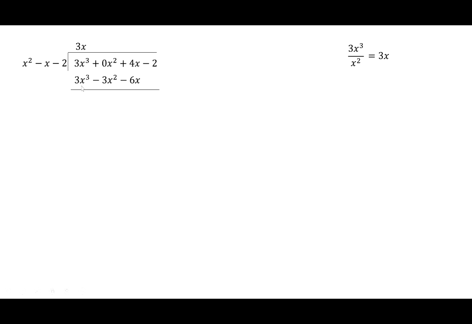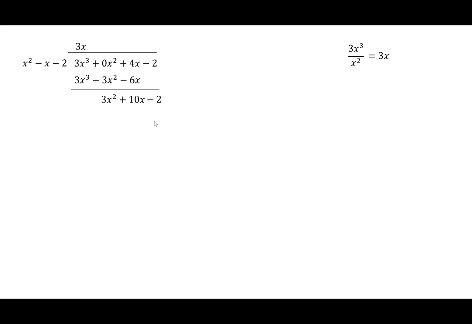So 3x cubed minus 3x cubed goes to 0. 0x squared minus negative 3x squared becomes positive 3x squared. 4x minus negative 6x is 4x plus 6x, which is 10x. So that just becomes 3x squared plus 10x. Cool? Now bring the next term in the dividend down, that minus 2.